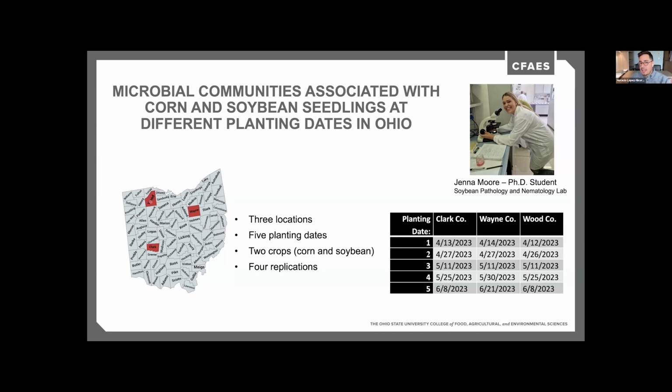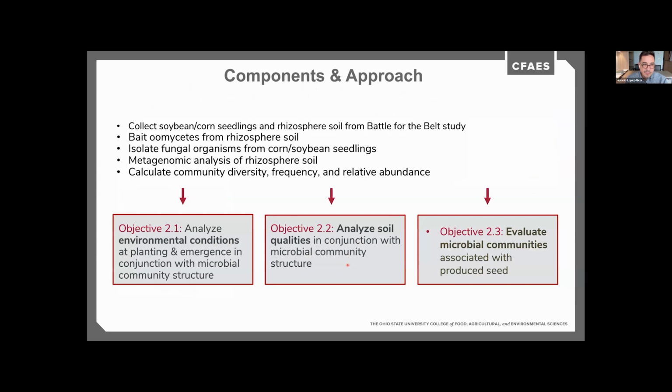And that's a really neat thing here. It's not like we're just going to do some descriptive survey. We actually have reps, we have blocks, we have an experimental design where we are retrieving samples from 3 locations, 5 different planting days, 2 crops, and we are looking at the microbial community from these seedlings.